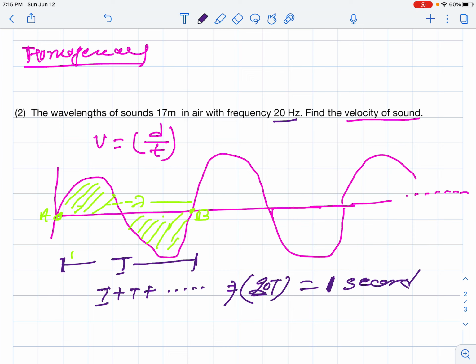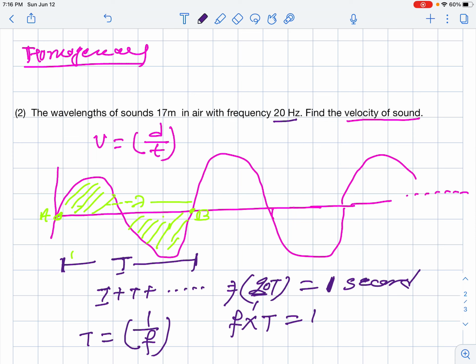Frequency times time period equals 1, so t equals 1 over frequency.